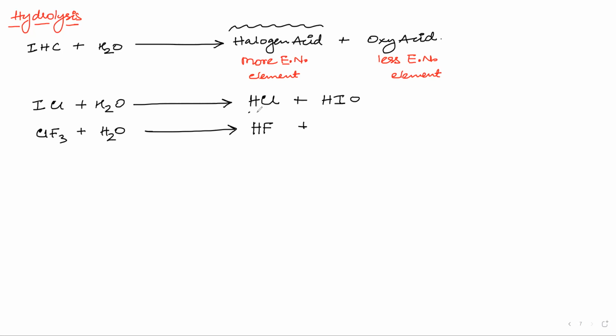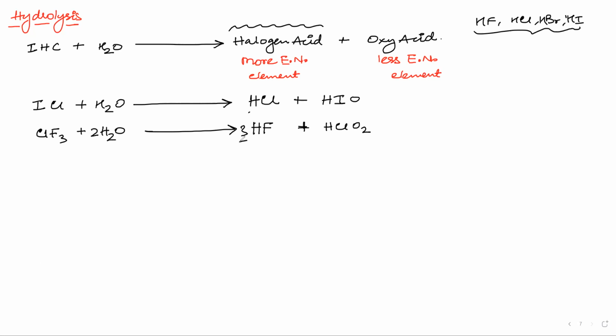Arey wah, is there anything like HF3? Arey bhai, you people have become amazing. The only halogen acids are HF, HCl, HBr and HI. Besides these there will not be any halogen acid. Okay, it will be HF. Now you have to do the balancing here. So we'll write 3 here. If you have written 3 here, now you have 3 hydrogens, here you will do 2. Now you have remaining 2 oxygen atoms. You will write HClO2.